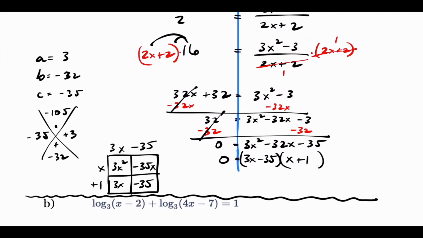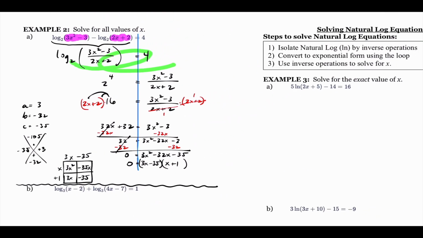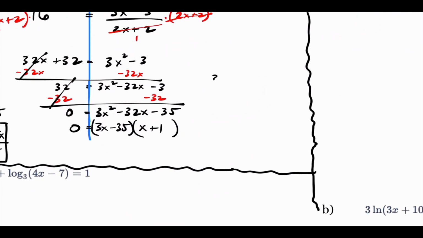Now, we're going to have two answers. So I'm going to set them both equal to 0. So 3x minus 35 equals 0, and x plus 1 equals 0.